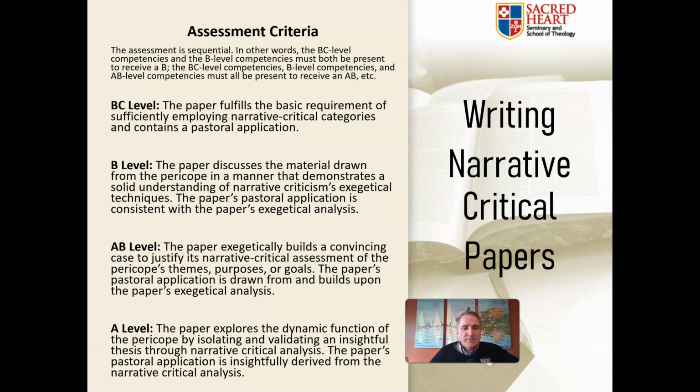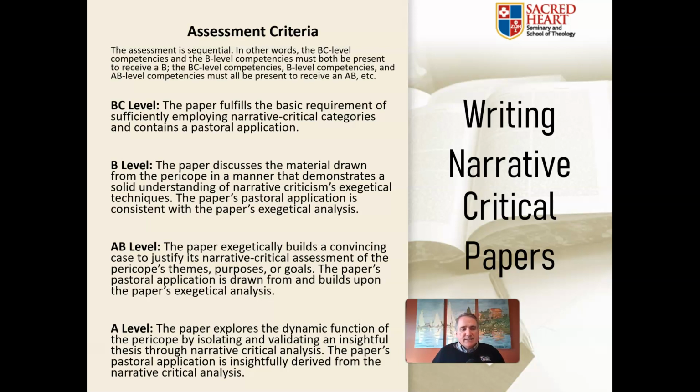A B level paper discusses the material from the pericope in a manner that demonstrates a solid understanding of narrative criticism's exegetical techniques, and also has a pastoral application that's consistent with the paper's exegetical analysis. AB is that it's exegetically building a convincing case to justify its narrative critical assessment of the pericope's themes, purposes, or goals, and the paper's pastoral application is drawn from and builds upon the paper's exegetical analysis.